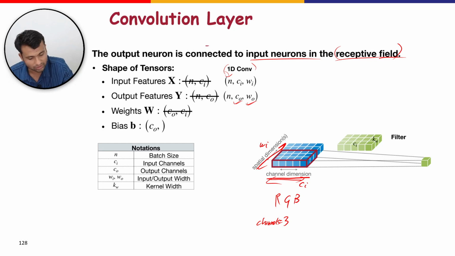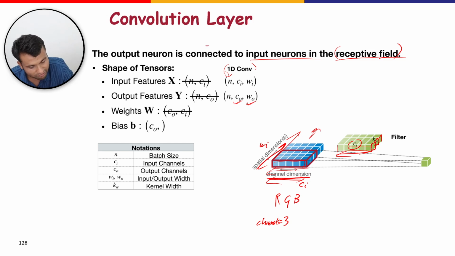All right. So here the Ci of the filter has to match the channel dimension of the input. The depth of this filter is matching the channel dimension. That's why it's known as 1D convolution, because only in one direction do you have the capability of moving the filter, which is in this direction. Therefore it is known as 1D. Here you can see that there are 3 blocks, and here there are 5 blocks.